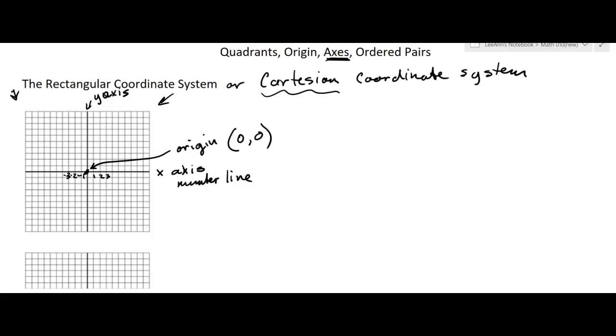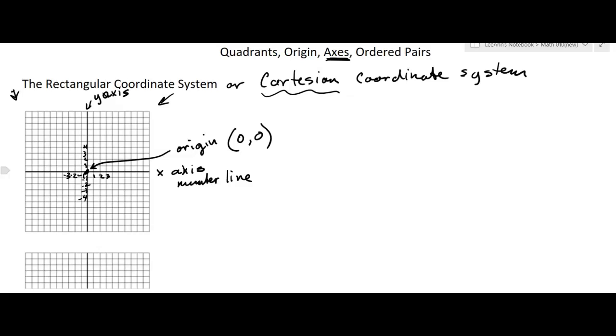Positive to the right of the origin and negative to the left of the origin. The y-axis, I guess you could think of it like a thermometer, and you're counting up in the positive direction. You have positive numbers, and then down, you're counting negative. Okay? So that's the x-axis and the y-axis.